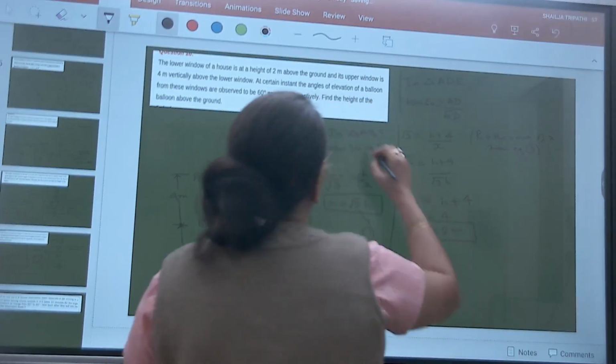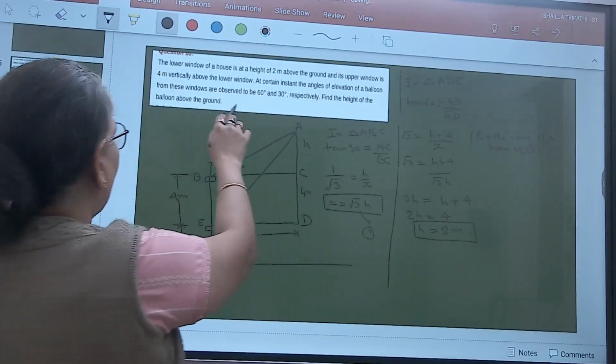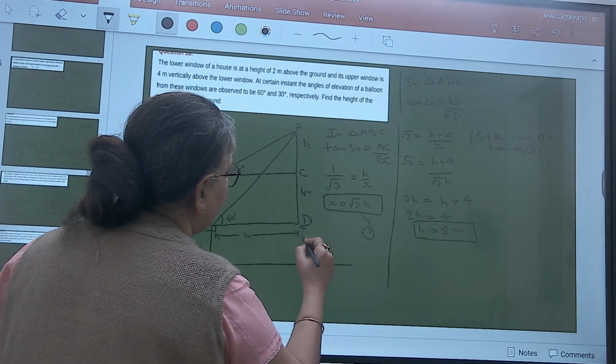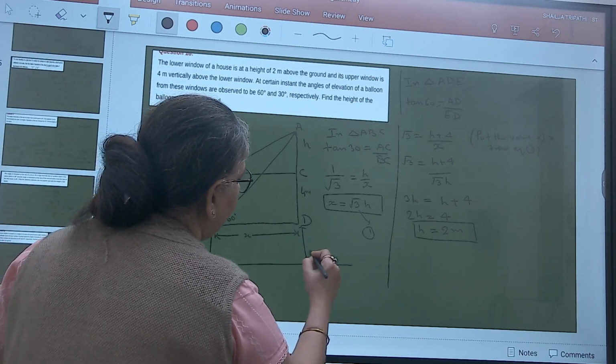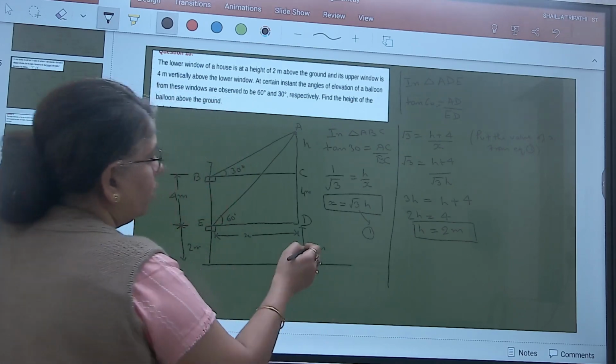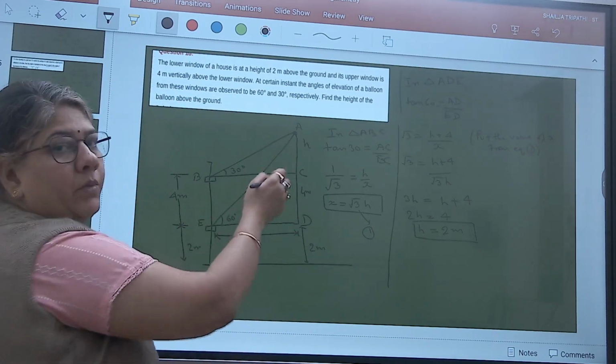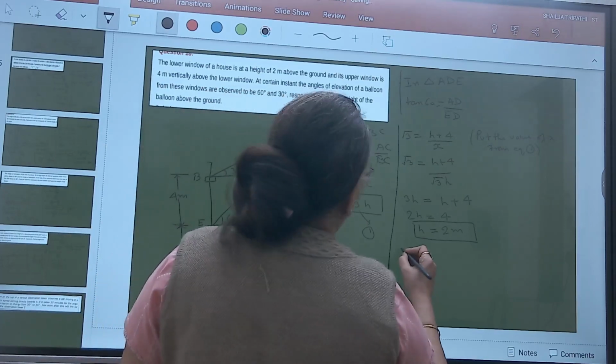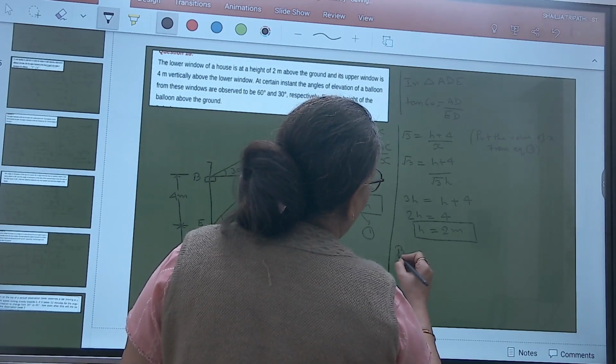See what the question is saying, find the height of balloon above the ground. So this distance is 2 meters. So 2 meters plus 4 meters plus 2 meters, we'll get the answer. Balloon is 8 meters above the ground.